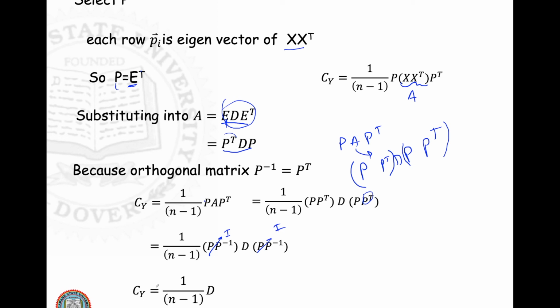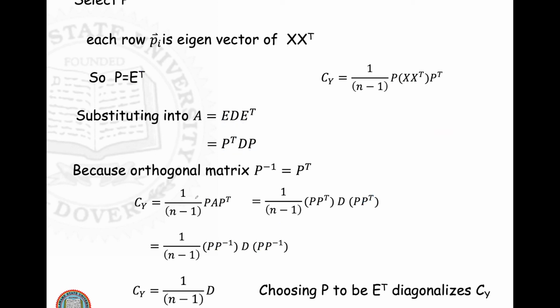And so in choosing this P matrix to be a row matrix of eigenvectors of the original system X X transpose, by making that choice, we diagonalize the covariance matrix of the Y system.